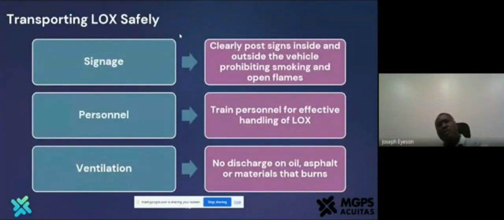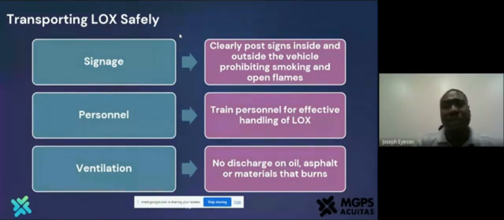Now, after producing the liquid oxygen, the way to transport it from the main site to the other site is very, very important, very, very critical. And as biomedical engineers or as technicians, we should understand how important it is to transport this liquid oxygen safely from one point to other points.